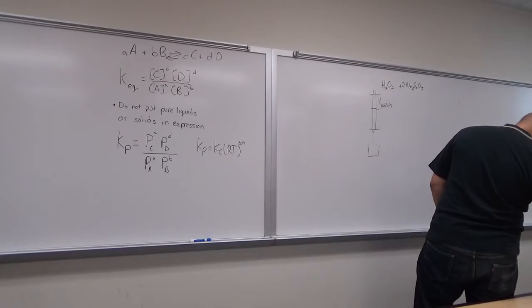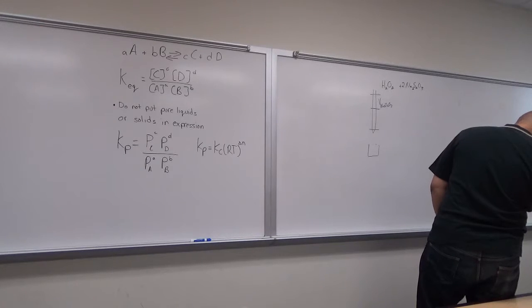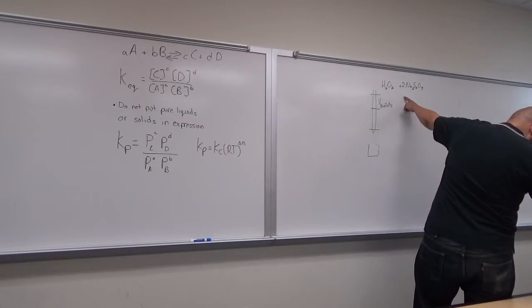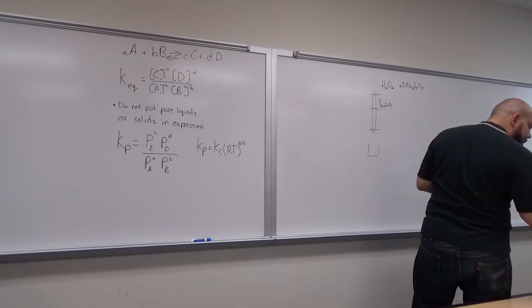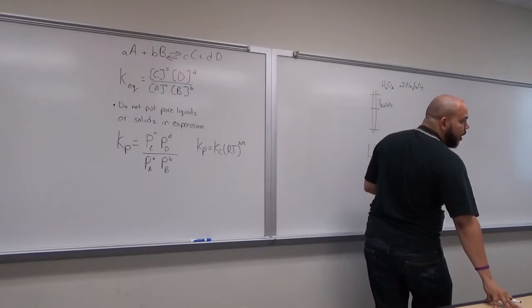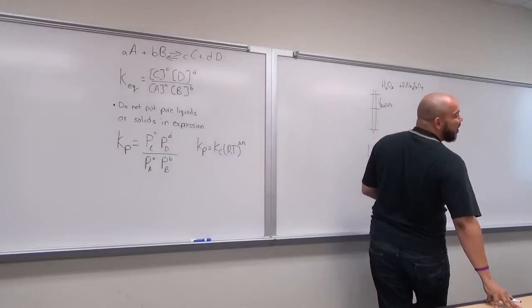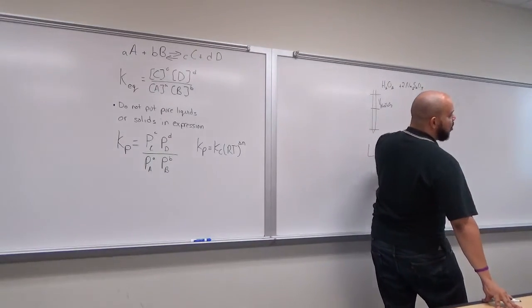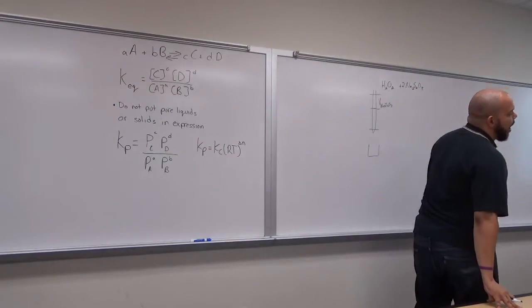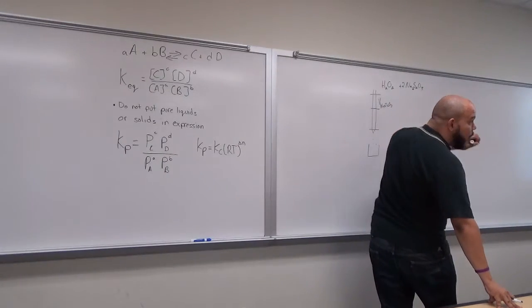All of this was the amount of milliliters I used, this was the concentration of the sodium thiosulfate. Here is the stoichiometry 1 to 2, and then I used 1 milliliter of hydrogen peroxide. So in that 1 milliliter, that's titration, which you haven't done yet. We do that in acid base.